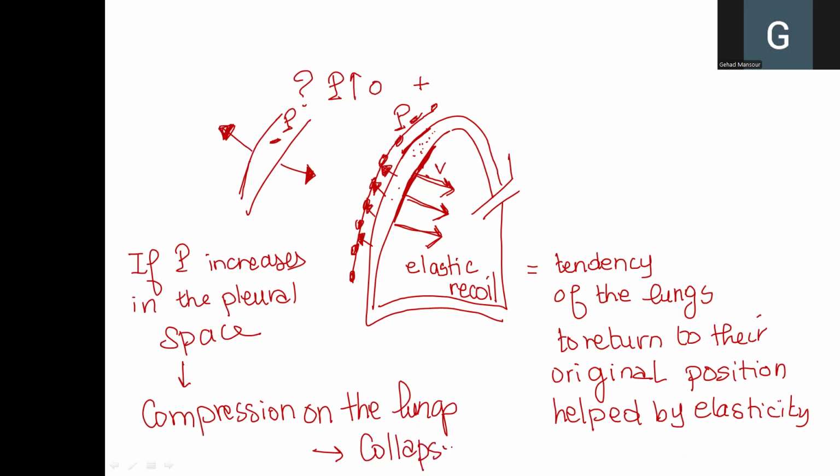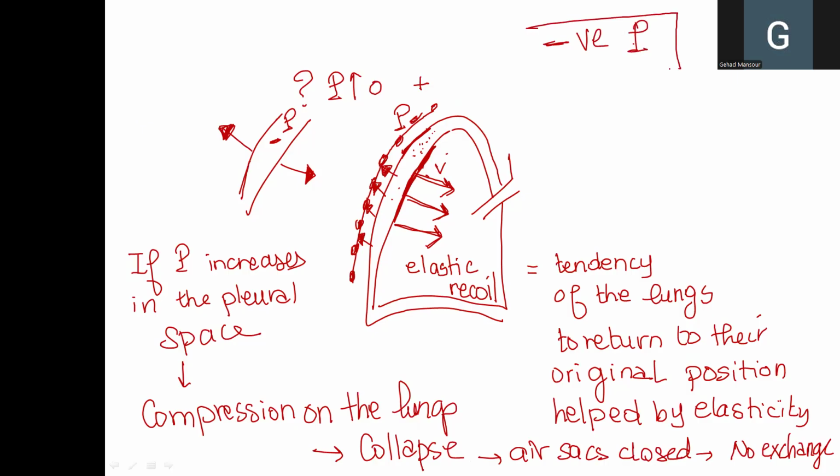And of course, if the lungs collapse, this means that the air sacs are closed, and if they are closed, there is no exchange, no oxygen reaches the tissues, and therefore this might result in death of the person. Of course, when I say a negative pressure inside the pleural space, what does it mean?